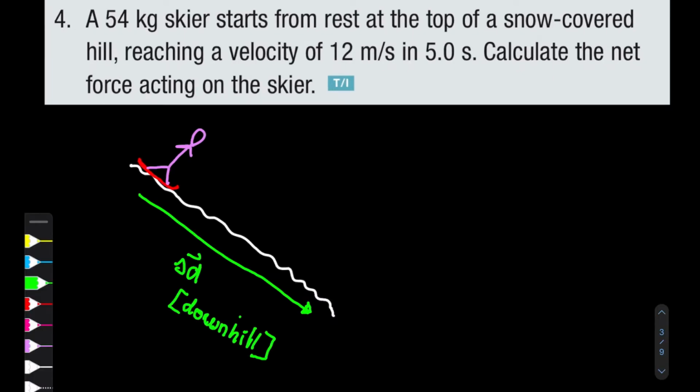This makes things a lot easier, because now if we go back and read the question, it said that a 54 kilogram skier starts from rest. Once we have our displacement, we could take care of our velocity vectors.